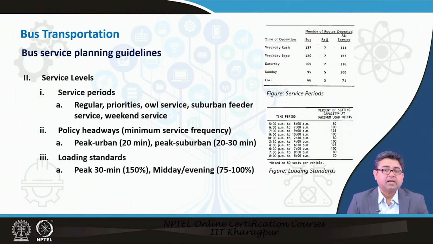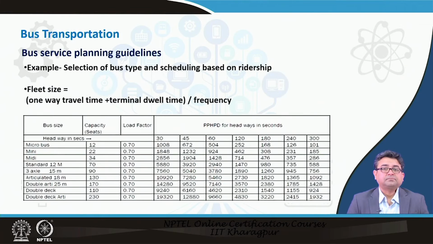What do we mean by loading standards? How many people are getting on and off the bus and how many people are able to sit versus stand on the bus. Usually it is recommended that in the peak 30 minutes they should have 150% loading, that means there may be a lot of people standing on the bus as well, whereas during midday and evening peak the loading standards are lower.